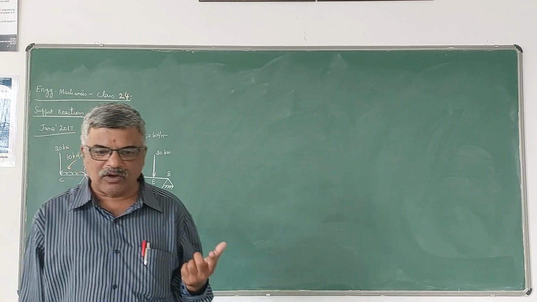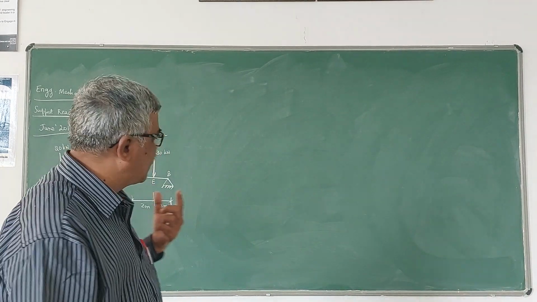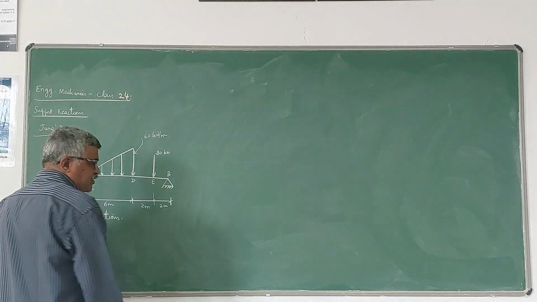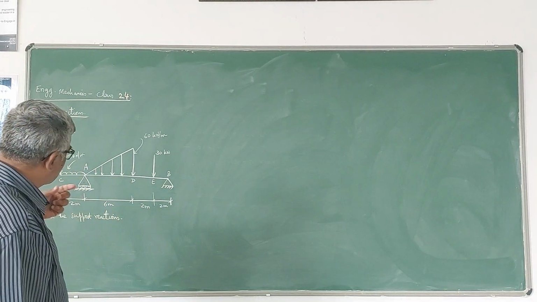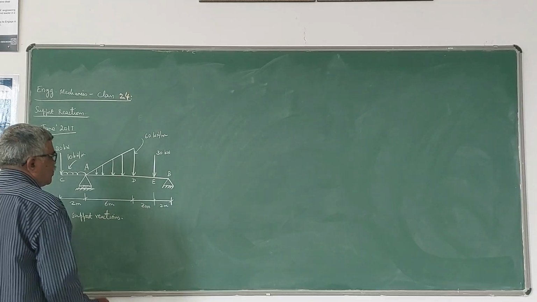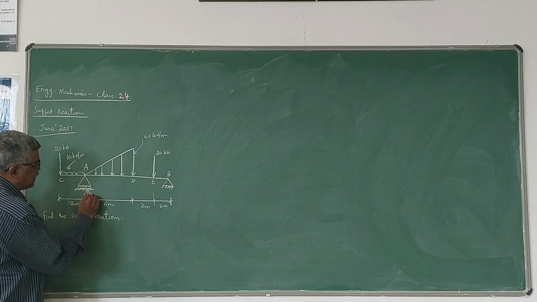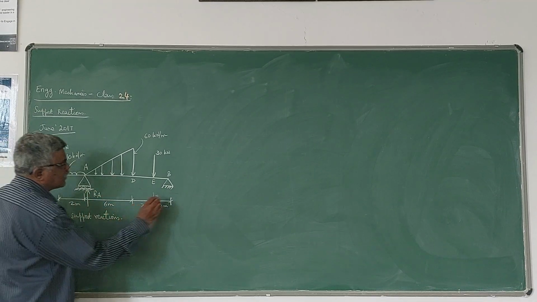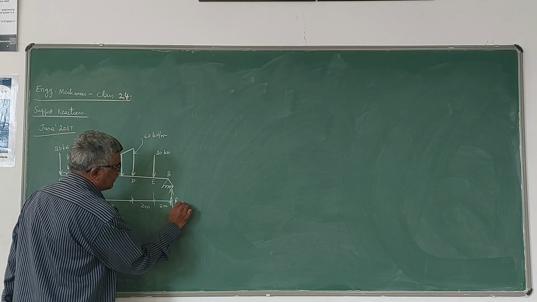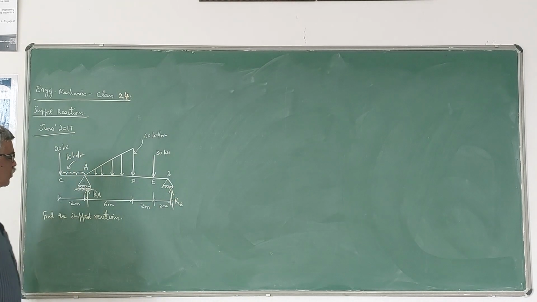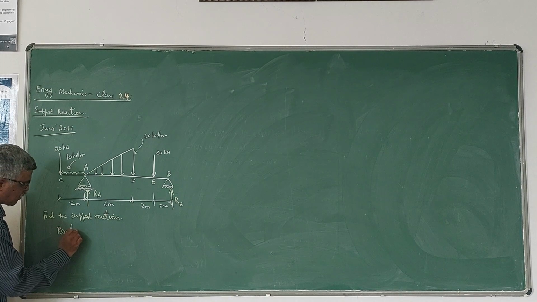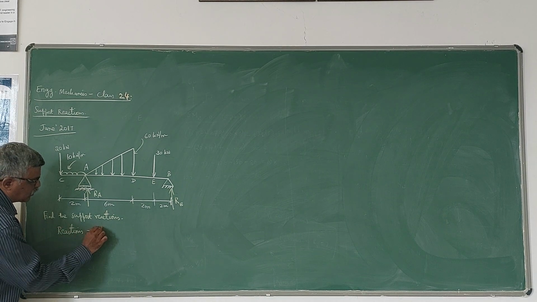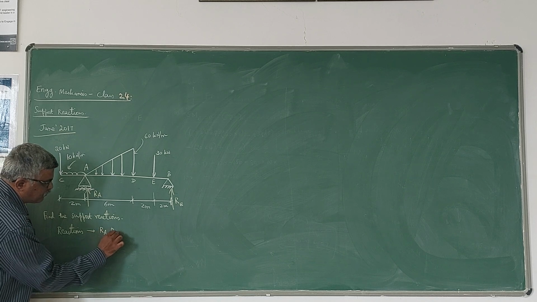If there were an inclined load, there would be a horizontal reaction also to resist its horizontal component. Here that is not there, therefore we can have only two reactions, RA and RB, both vertical reactions. So only two equilibrium equations are enough to solve this problem.